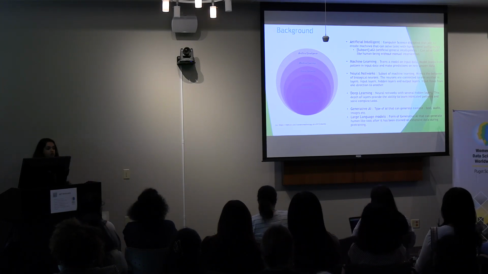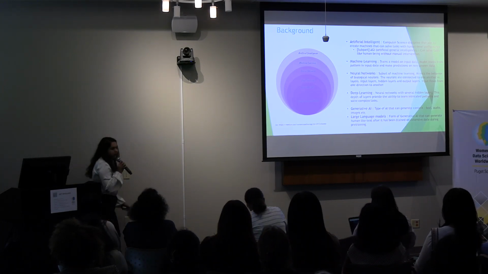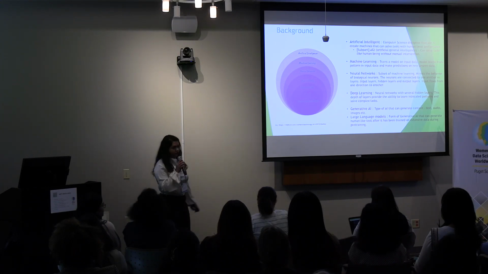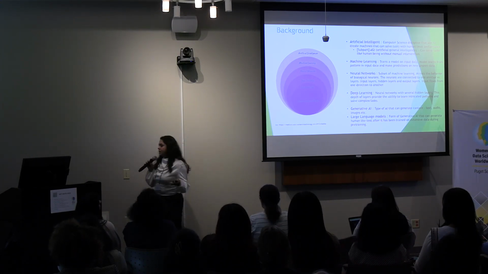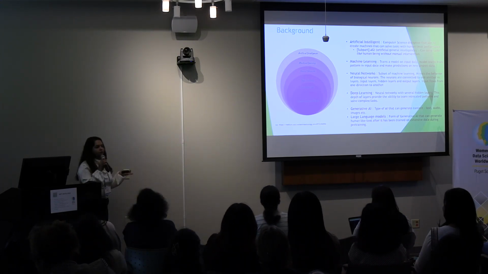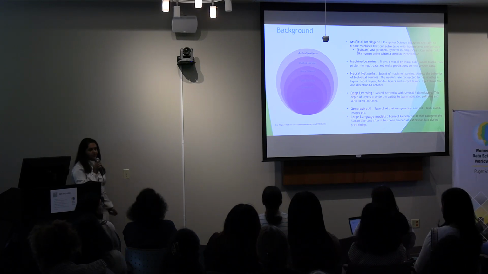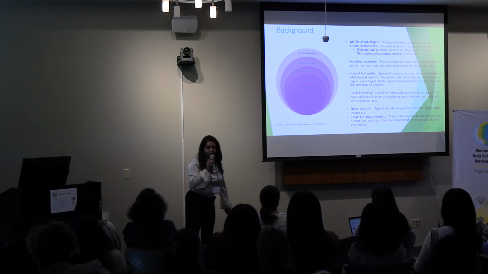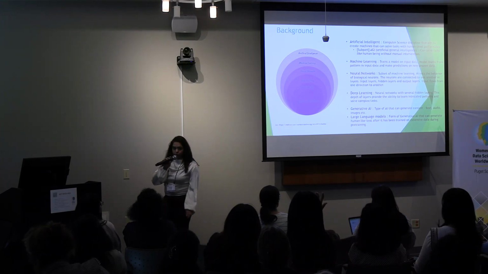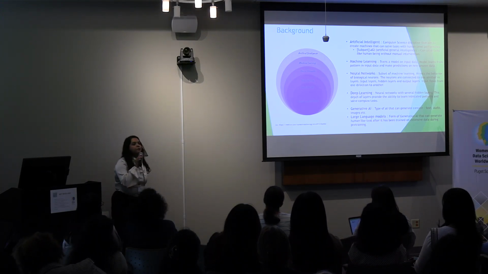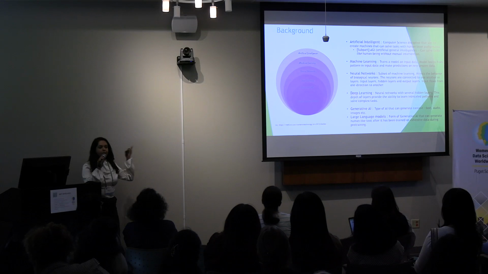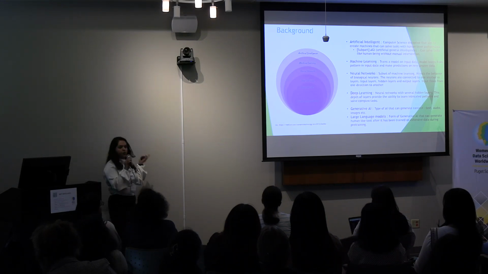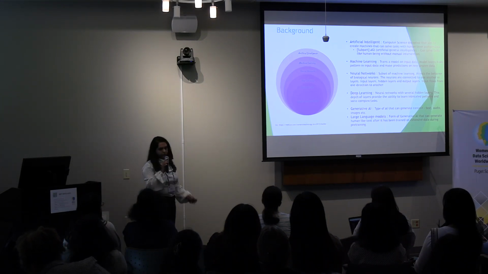Then part of artificial intelligence is machine learning. All of you must be aware of it, where we try to train a model, show some data to it and hope that it is able to capture the patterns and then replicate the patterns on unseen data. Then come neural networks, which are a type of machine learning model, and they replicate similar functioning as it happens in our brains: how neurons connect to each other and how they pass information.